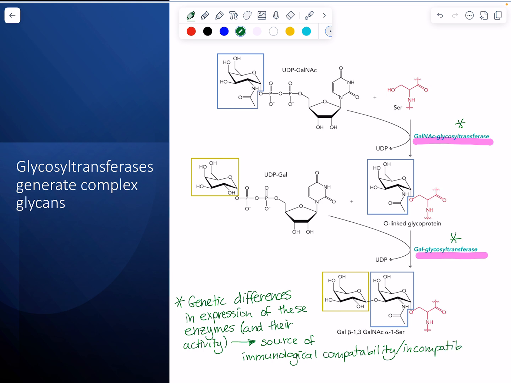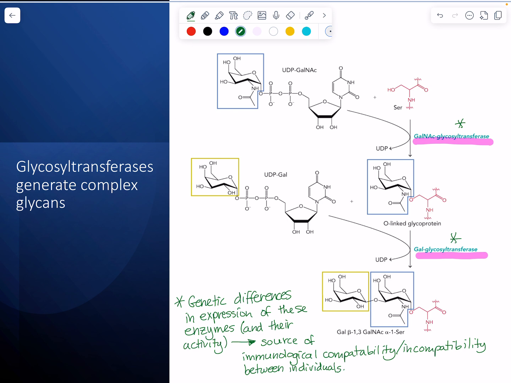I spelled it two different ways, didn't I? That's all right. Between individuals. So what do I mean by that? Whether you can be a blood donor to someone, whether you can be an organ donor to someone, okay?